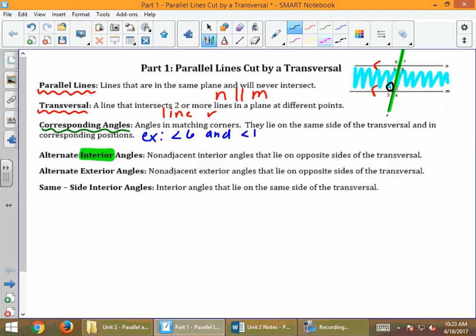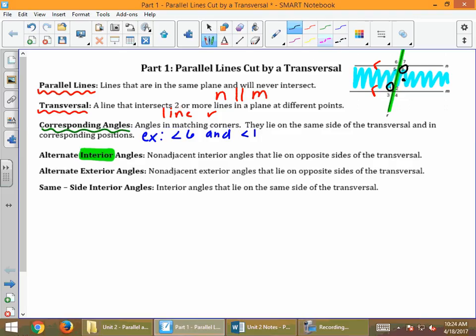So I'm going to move my hand to the opposite side right here. It's going to be diagonal, and it can't touch. So 2 is on the opposite side of the transversal, but it's touching 1. So angle 1's alternate interior angle would be 8. They're both inside, they're in between those two parallel lines, and they're not touching. They're opposite of each other.